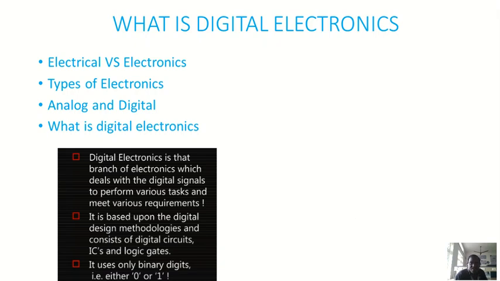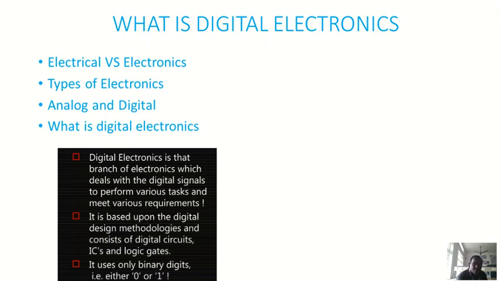First, we can go to what is digital electronics. Before explaining digital electronics, we have to understand what is electrical, what is electronics, and the differences between electrical and electronics. Electrical is flow of electrons in the conductor.